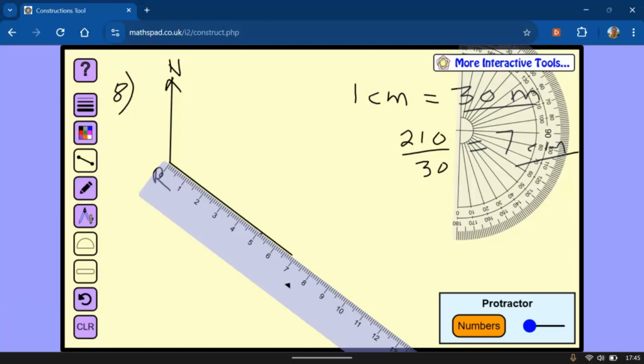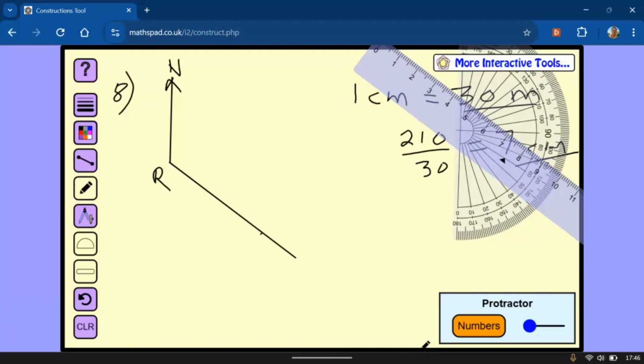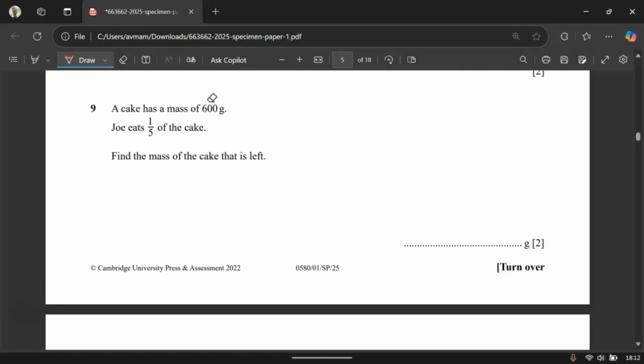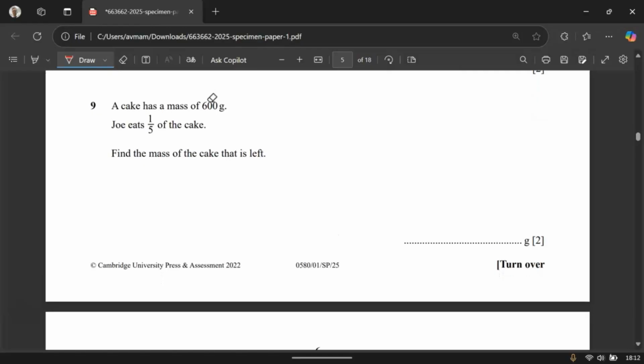So let's draw a line that is 7 centimeters long. The angle is measured from north in a clockwise direction. This is 125 degrees, and this is L over here.